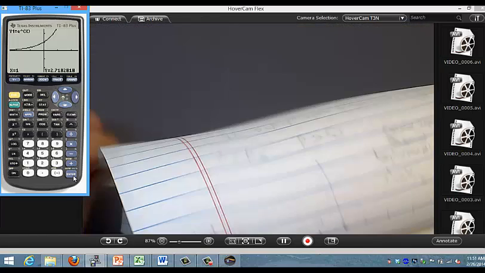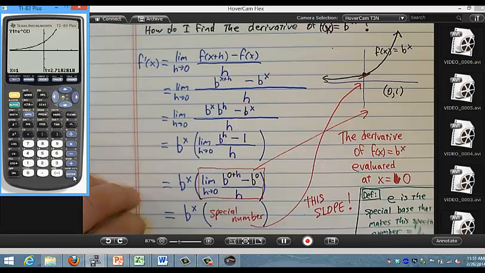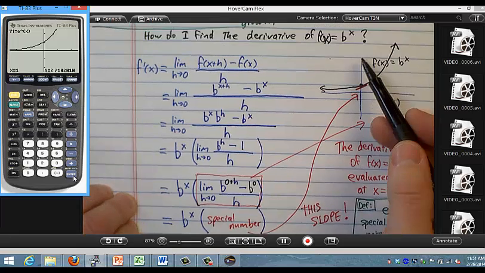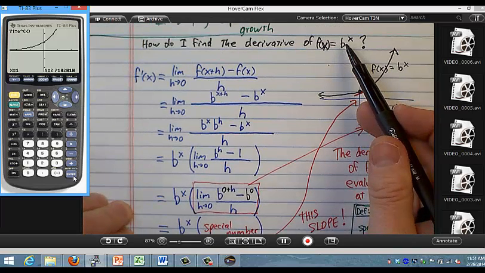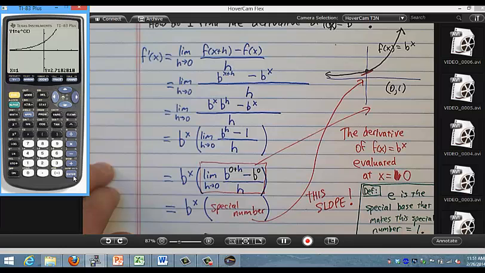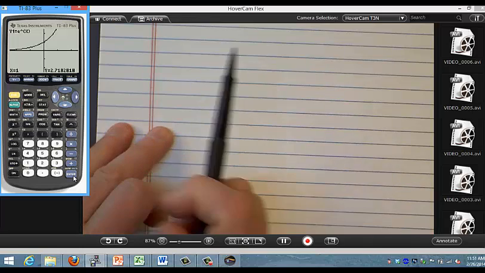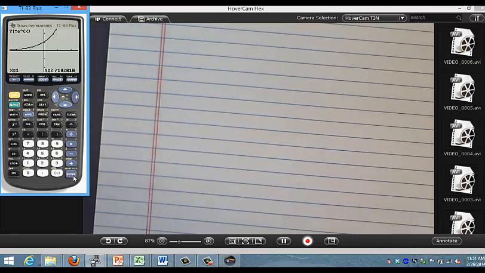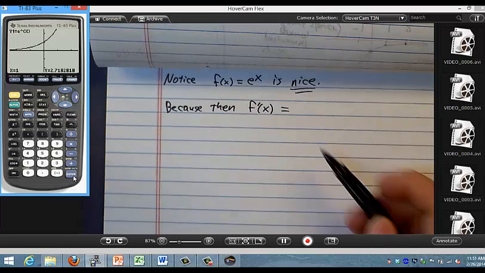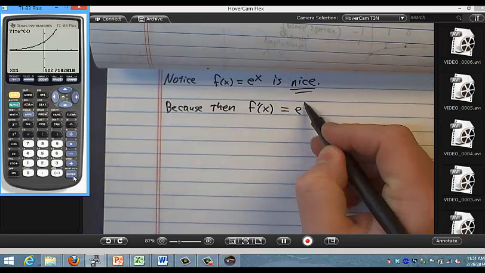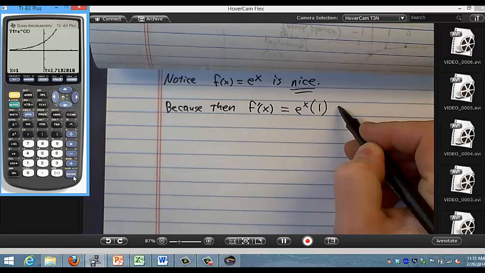The previous slide said that if you start with b to the x, the derivative is always b to the x times your special number. But what's our special number going to be here? 1. So my derivative is, well, you get back b to the x, which in my case is e to the x times 1, which is what?